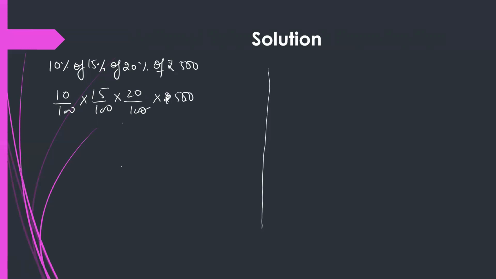Let's solve. 20 5s are 100. We have cancelled double zeros and then we cancel 5 also.